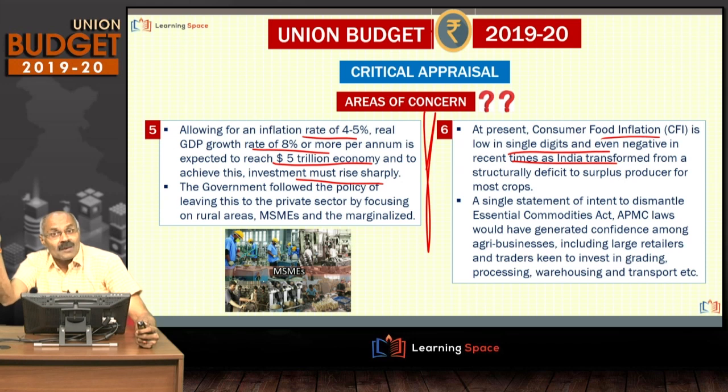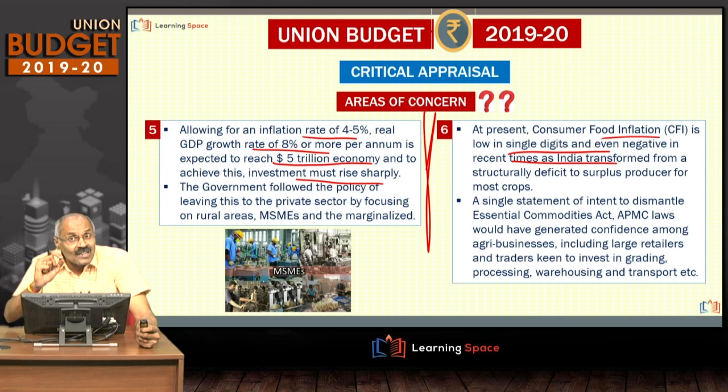In the era of surplus, there is no need of the Essential Commodities Act, and still several states are under Agricultural Produce Market Committee Acts, or APMC Acts. Friends, there is no need for such laws in the present-day surplus agriculture production, and it would have been better if the finance minister had announced in the budget itself the dismantling of these outdated laws.